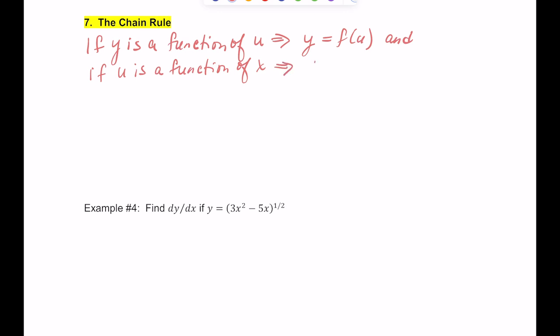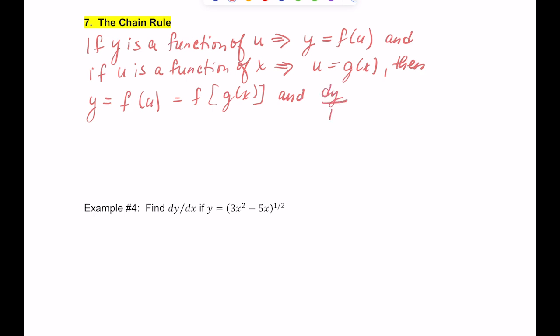So let's just say u then would equal, we'll call it g of x. Then that tells me y is equal to f of u, which is equal to f of g of x. And the derivative of y with respect to x would just be the derivative of y with respect to u times the derivative of u with respect to x.